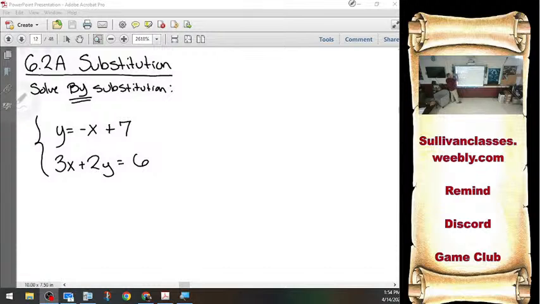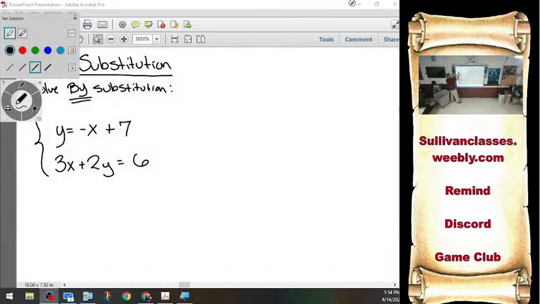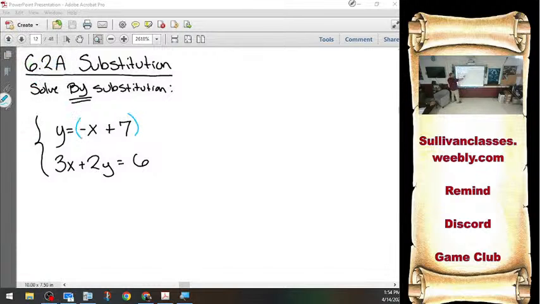Okay, it's pretty straightforward. If we just said y is stuff, then replace y with stuff. I rewrite this as not 3x plus 2y, but 3x plus 2 something.